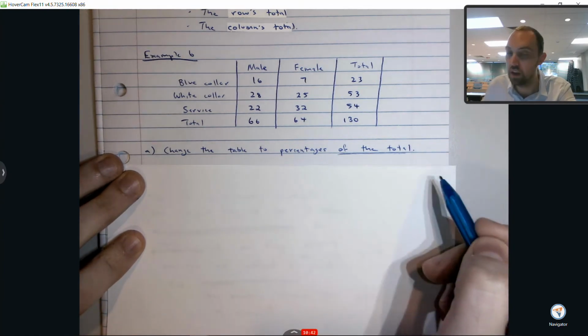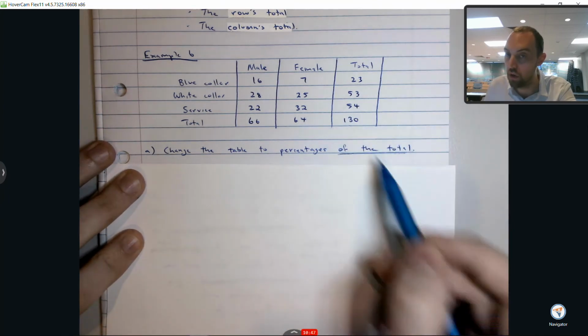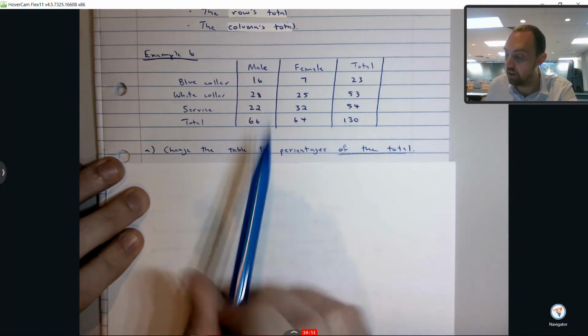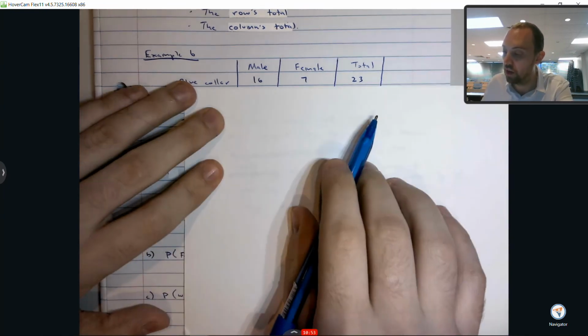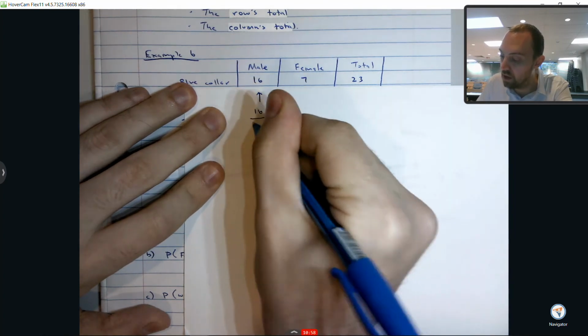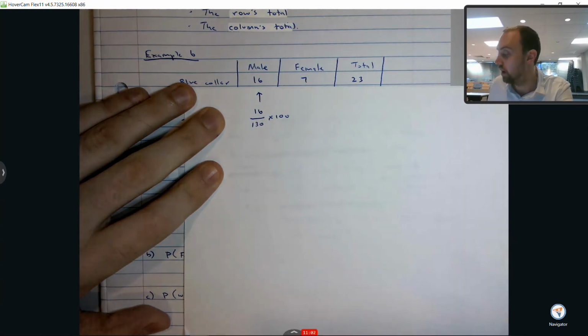Right, so not of the row or columns, but of the total 130 here. So each number is going to be out of 130. So for example, this one here is going to be changed to a percentage, 16 out of 130, and we're going to multiply by 100.